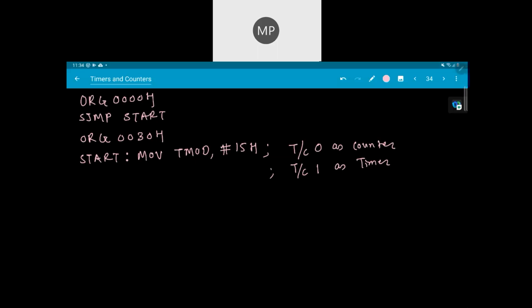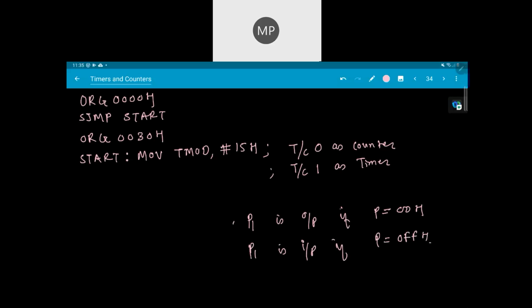Basically, port 1 is output if we send P1 as 00h, and port 1 is input if we send 0FFH.